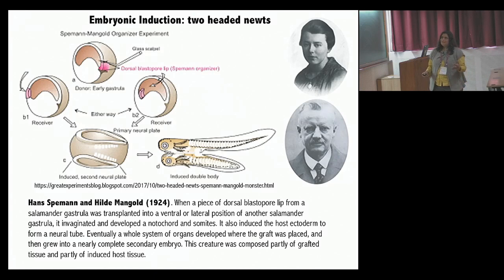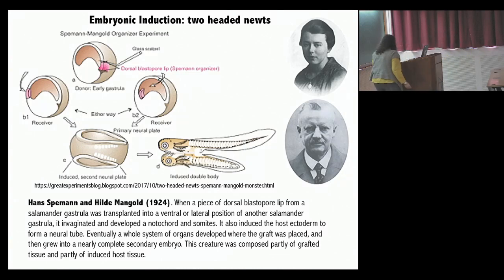And the fact that it could induce the neighboring tissue was evident from the fact that the second axis or embryo that developed was composed partly of grafted tissue and partly of induced host tissue.